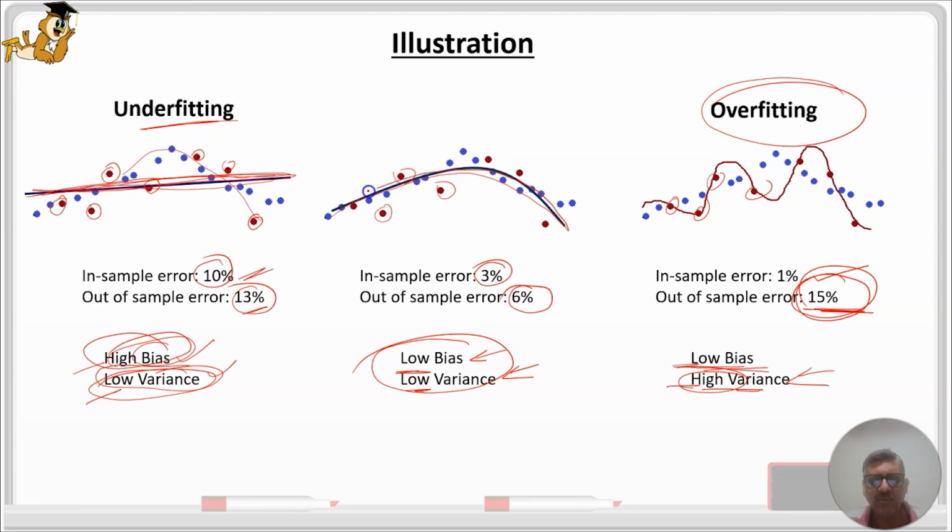A via media means a polynomial that is not as complex as in the overfitting case, not as simplistic as the underfitting case, but a polynomial of second order that does a reasonable job and results in fairly low in-sample and out-of-sample errors compared to the extremes. So this is underfitting and overfitting. The terms are relative, and visually this is what is happening.